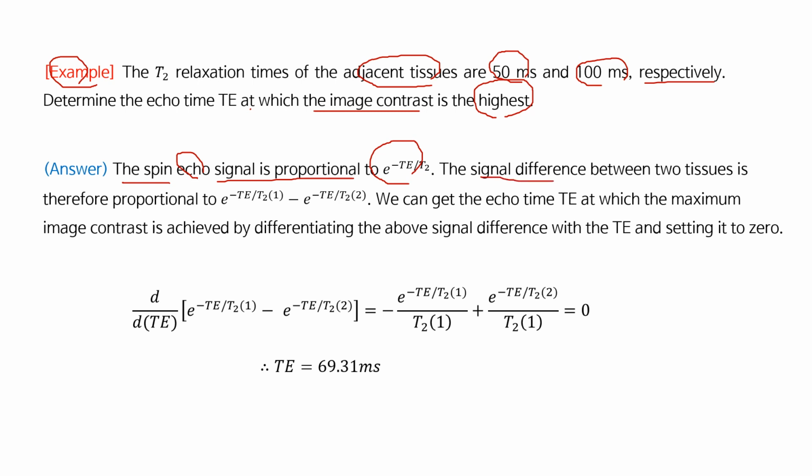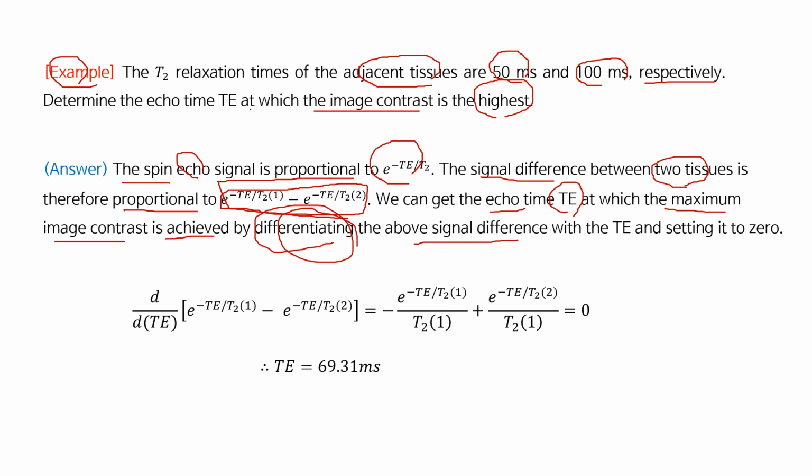The signal difference between two tissues is therefore proportional to the difference between these two terms. So we can get the echo time T at which the maximum image contrast is achieved by differentiating the above signal difference with respect to T and setting it to 0.